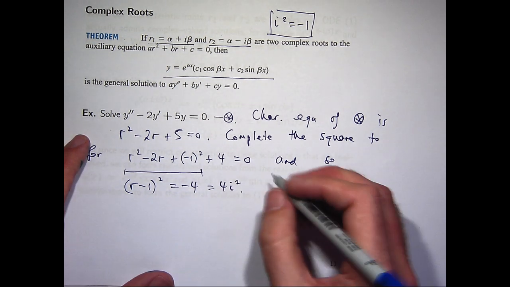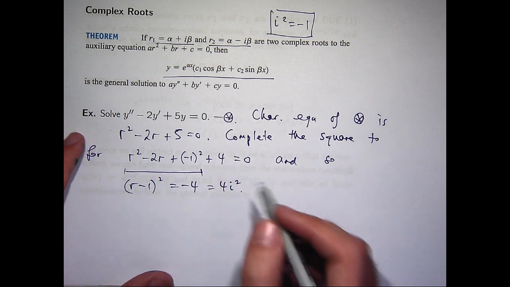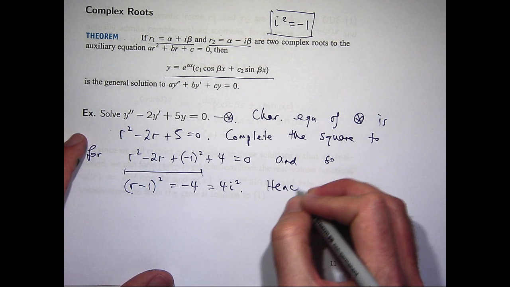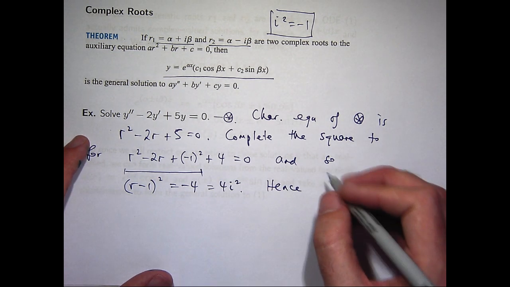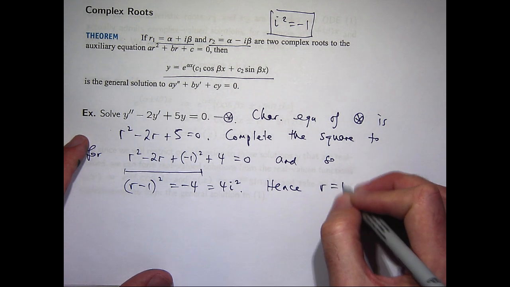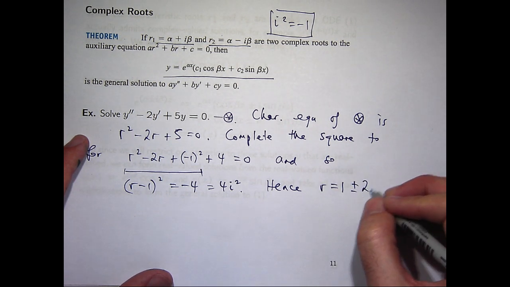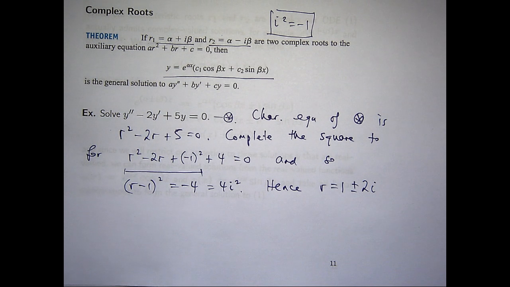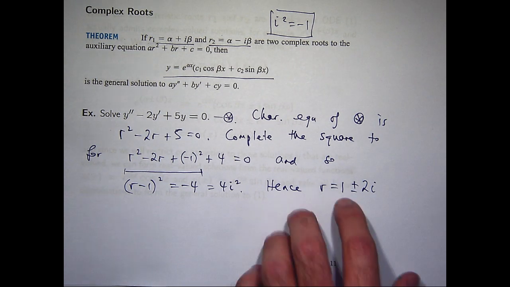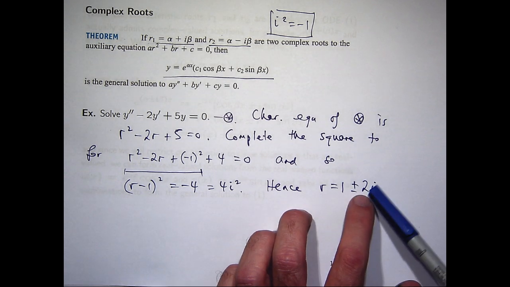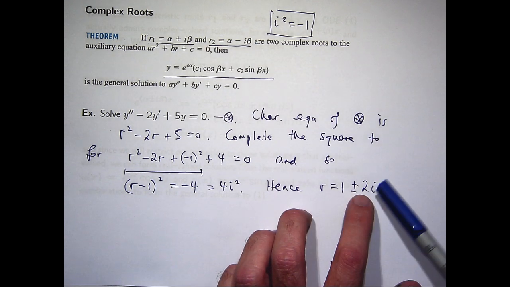Okay, so taking square roots and rearranging, I'll get something like this. Positive and negative square roots. All right, so in this case, my alpha would be positive 1 and my beta would be positive 2.